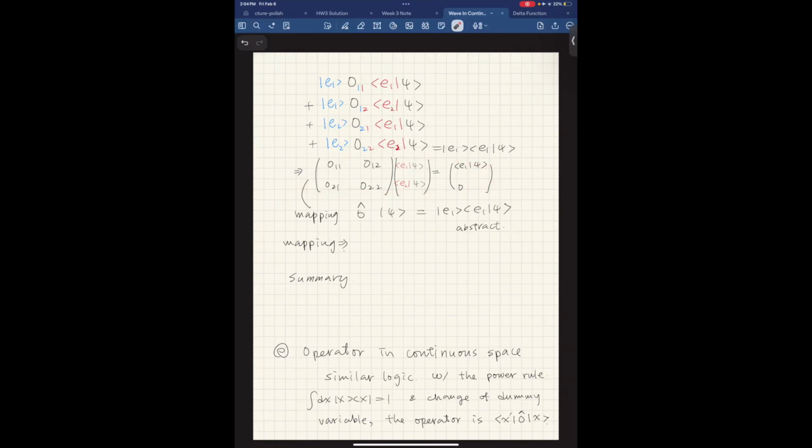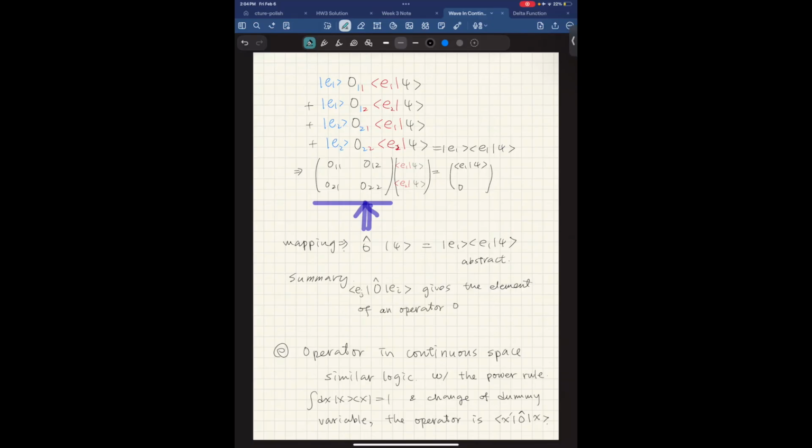So this is that mapping. I have it written down here, I just copy it over. The summary here is that this guy is this guy's representation in E1 and E2, so O_IJ.